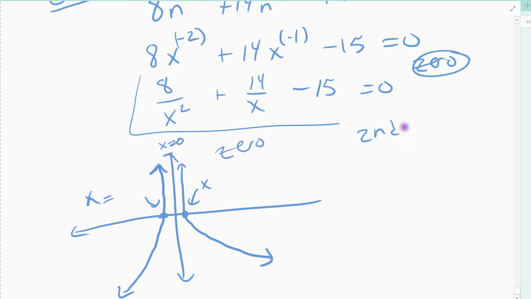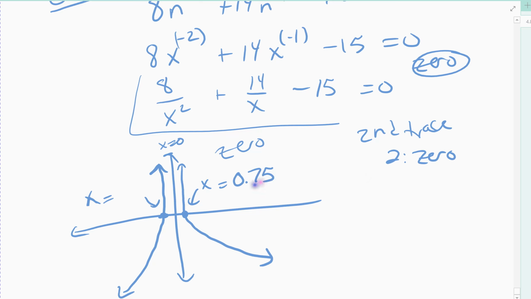So remember, you go to second, trace, you pick 2, which is your zero, and then it'll ask you left, right. You make sure you go to the left of it, the right of it, and then your guess. And so it will come out. That one comes out 0.75.